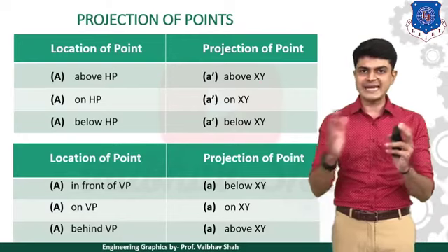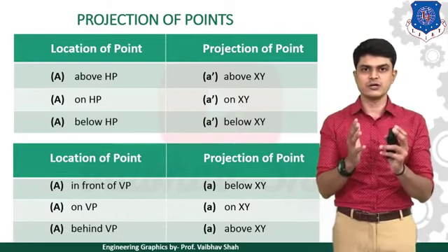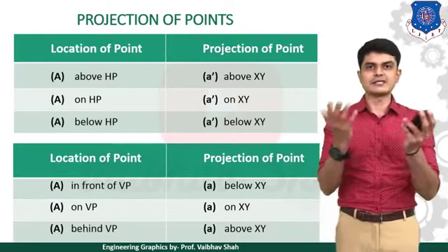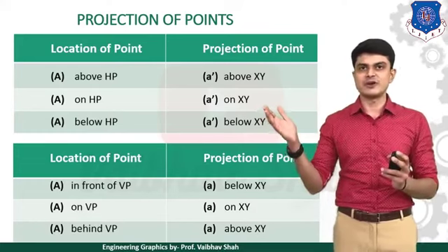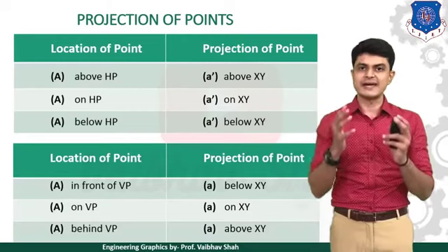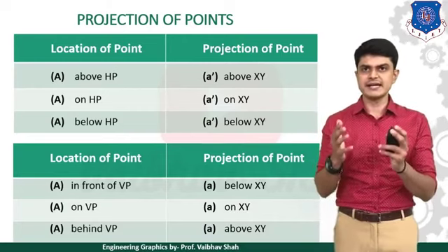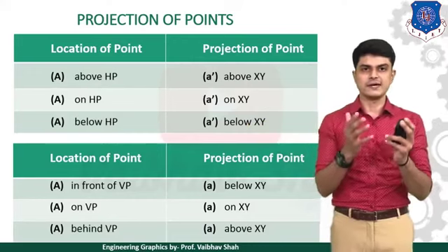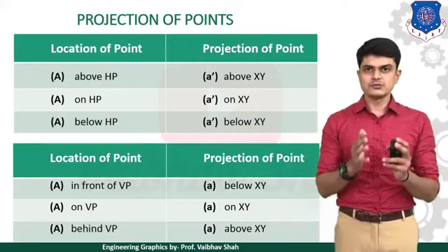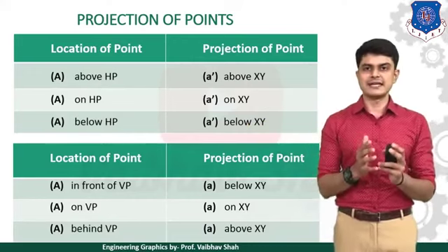So you just need to draw the XY line and then plot your point A dash above the XY line, right? Very simple. Whenever it is said that your point A is on HP, your answer would be A dash on XY itself. If it is said that your point A is below HP, you need to draw your A dash below the XY line. Very simple. So now for VP, let us understand the table.